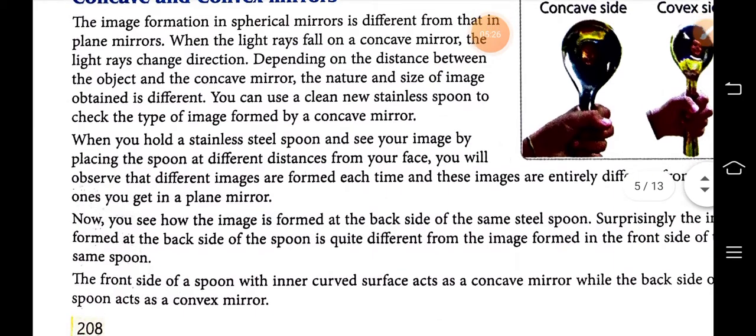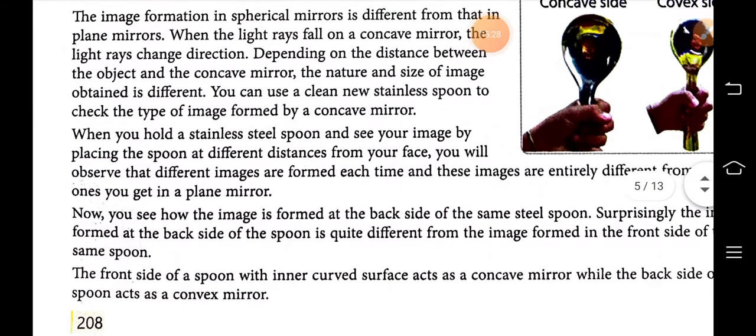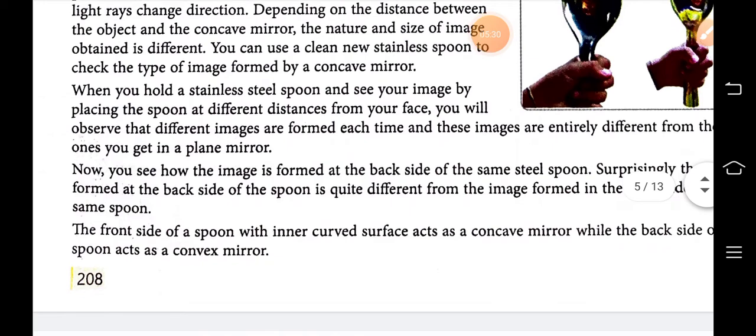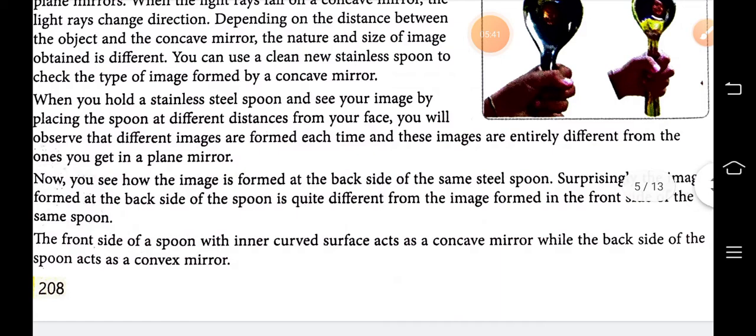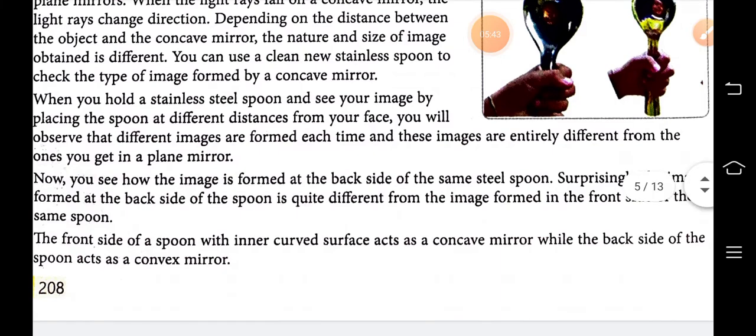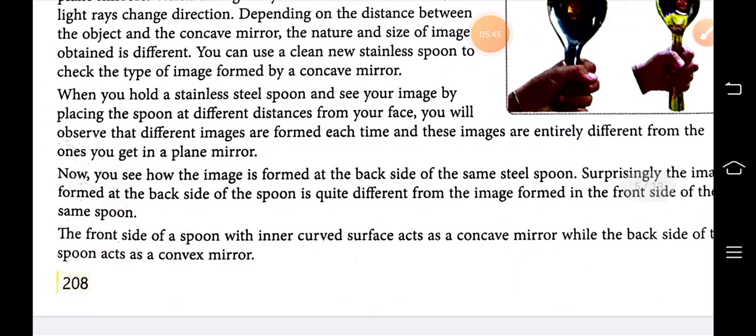When you hold a stainless steel spoon and see your image by placing the spoon at different distances from your face, you will observe that different images are formed each time, and these images are entirely different from the ones you get in a plain mirror.